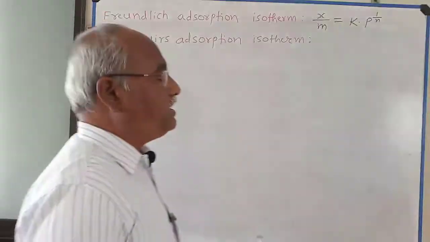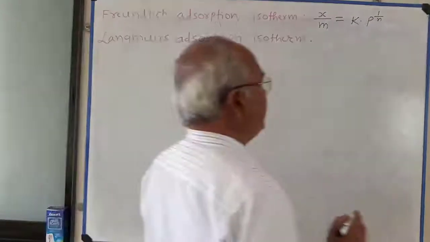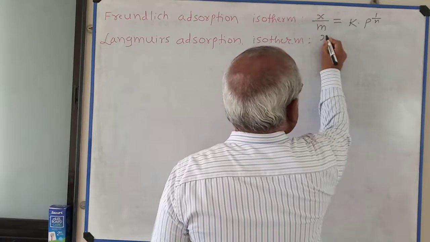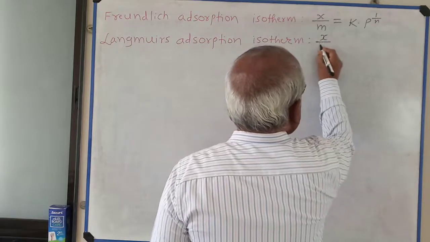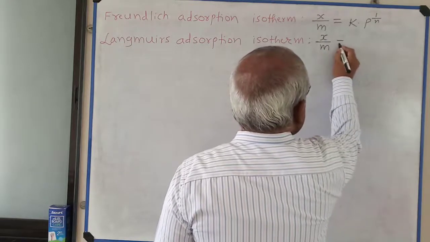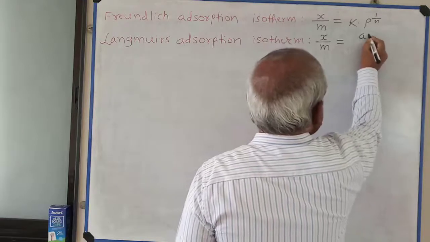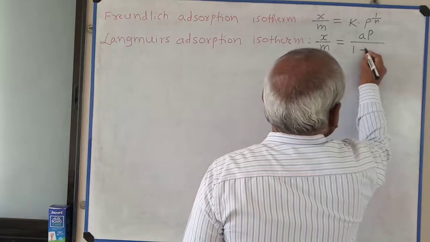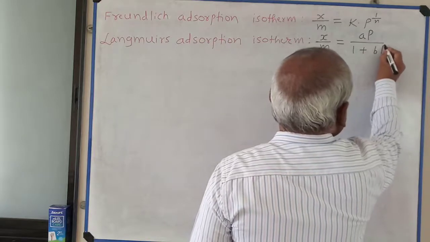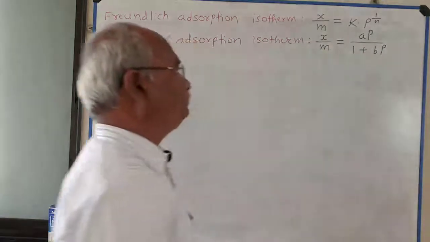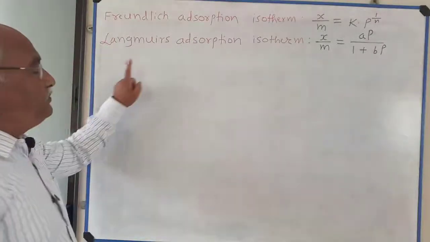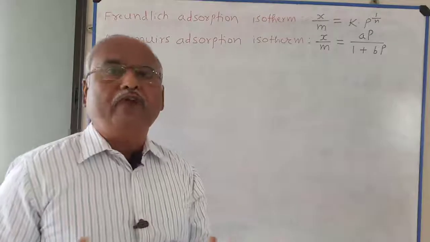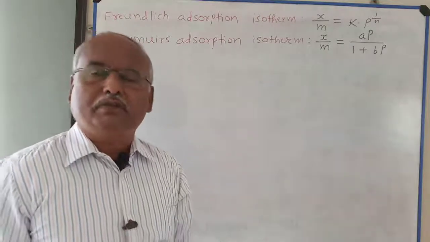Its mathematical expression is also similar to Freundlich adsorption isotherm. x upon m is equal to AP divided by 1 plus BP. This is the mathematical expression for Langmuir's adsorption isotherm.